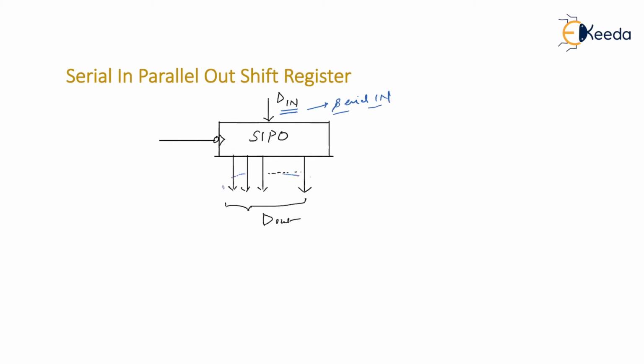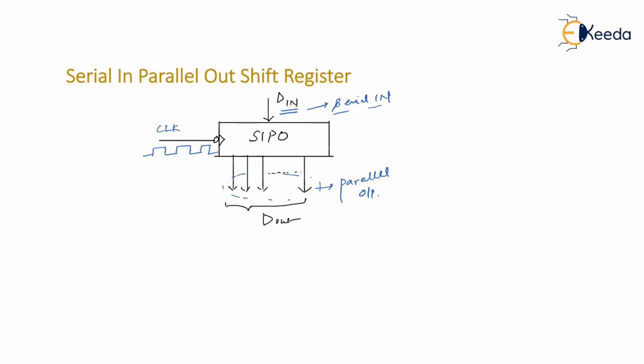Therefore, as you can see, there are multiple pins to take the data out, and this provision is called parallel out. Whatever data you have stored inside the shift register, at the same time you have those data available on respective pins. And of course, irrespective of that, you have to apply the clock.